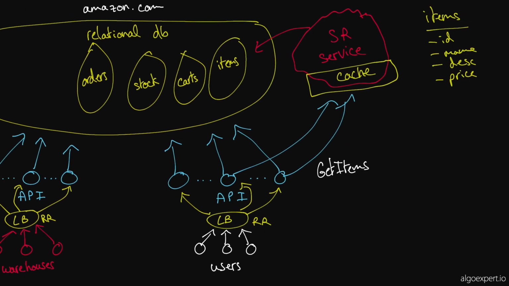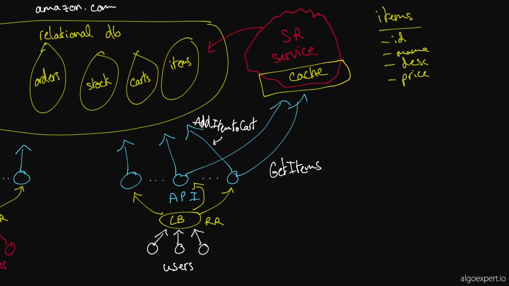But here, we're going to add an API endpoint. Where should I write it? Maybe we'll write it here: add item to cart. This is kind of like all of these arrows. The user's add item to cart goes to the API servers, and it goes to the cart. It would update a row in the carts table.